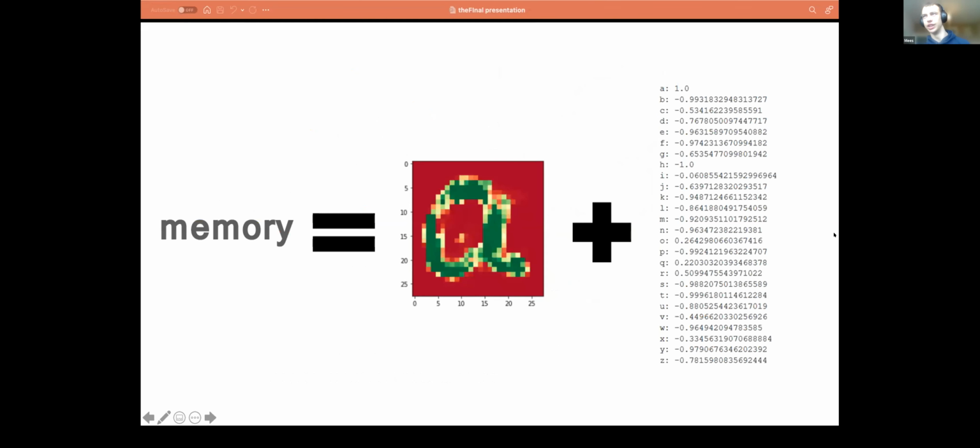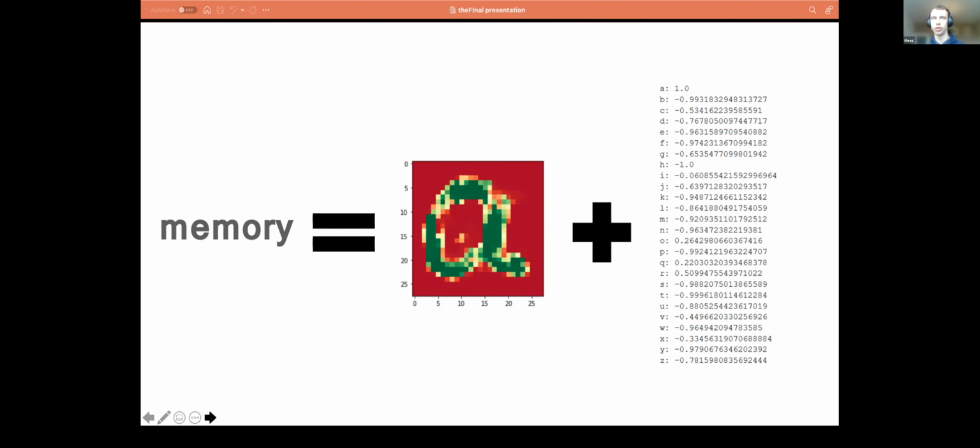Okay, so memories in this network are a little bit more interesting. We store an image and we store an association score with this image. What this means is if we get input, we go through every memory and compare it with the input. If it's close to that memory, we subtract or add a little bit of probability to the classification of this image.